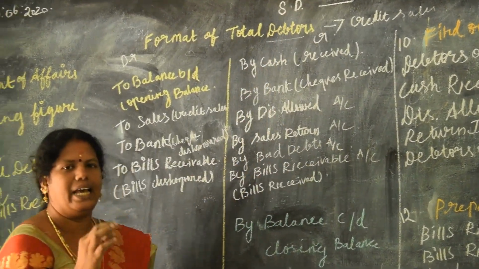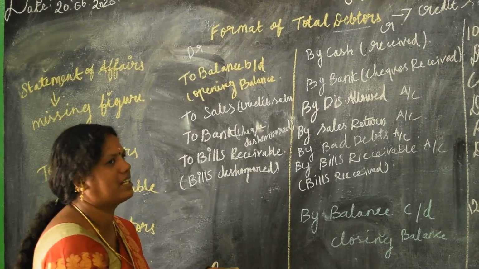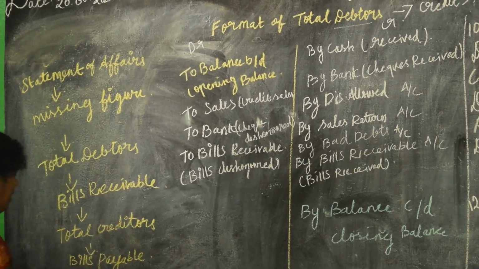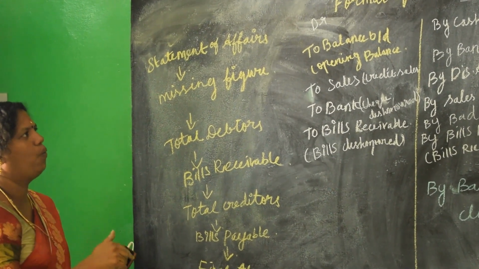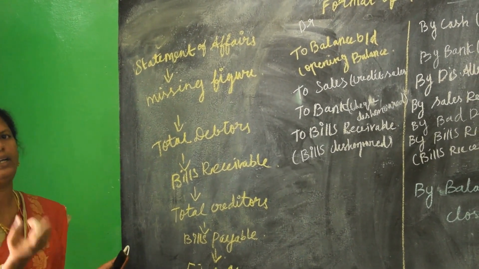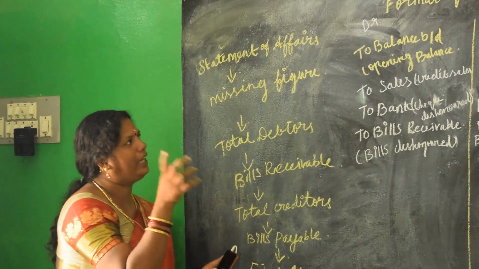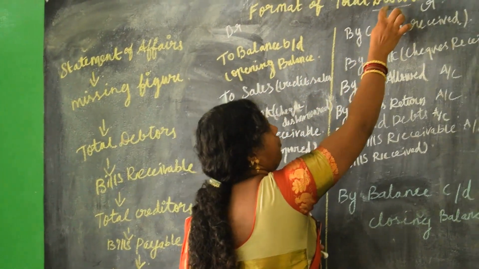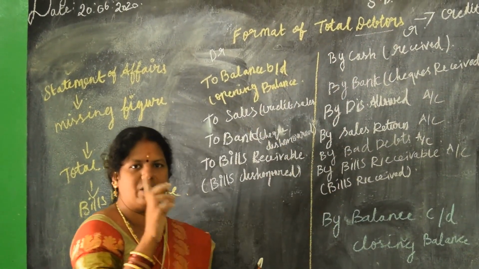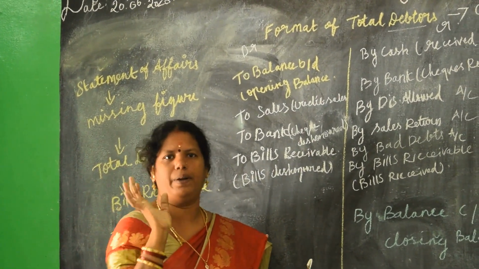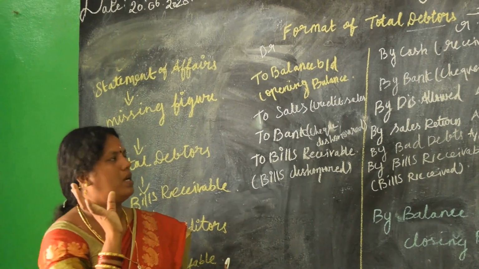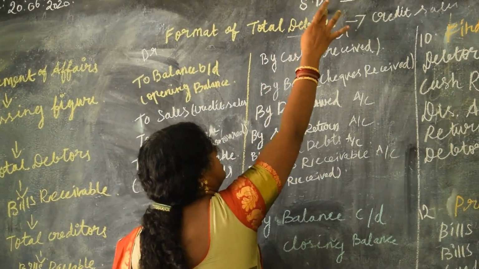Keep in mind that sales is connected with debtors, because when preparing the final account, you can have confusion about what item is missing and what we have to find out, whether debtors or creditors. If you have the keynote SD, and sales is missing, at a glance you know you have to find out total debtors. For this purpose only, I am giving the keynote SD.